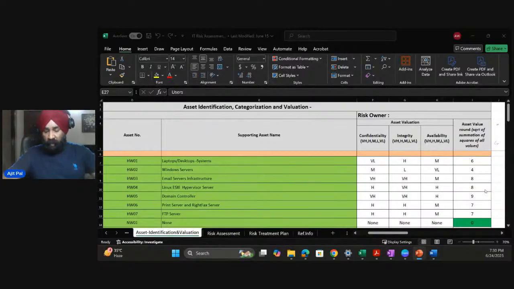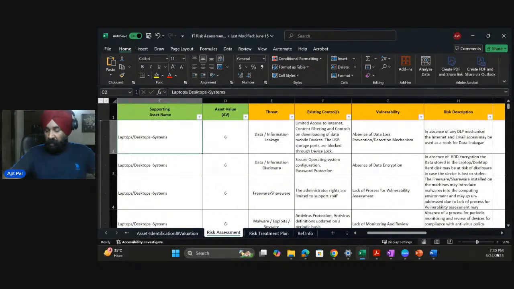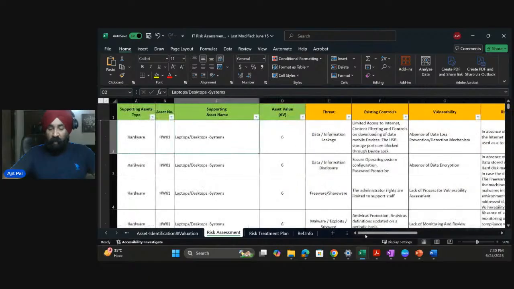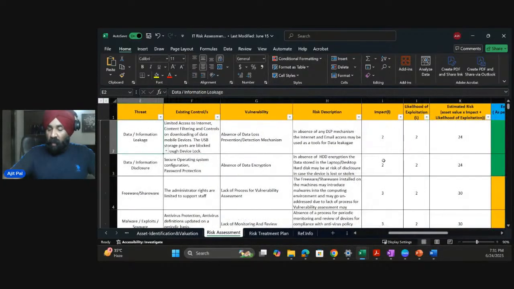Ultimately, you will reach this stage with the help of qualitative risk analysis. This is the kind of sheet that you will prepare. Then you ask experts, what about the vulnerabilities? What is the data information leakage threat? And then you will also ask them, okay, fine, this vulnerability is there, DLP is not there, then it will lead to data information leakage. Then what is the likelihood and impact of it?